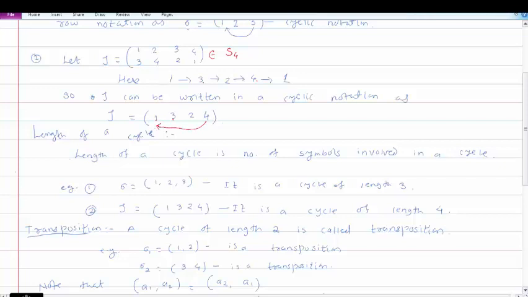This is a single row notation, and this is called the cyclic notation.